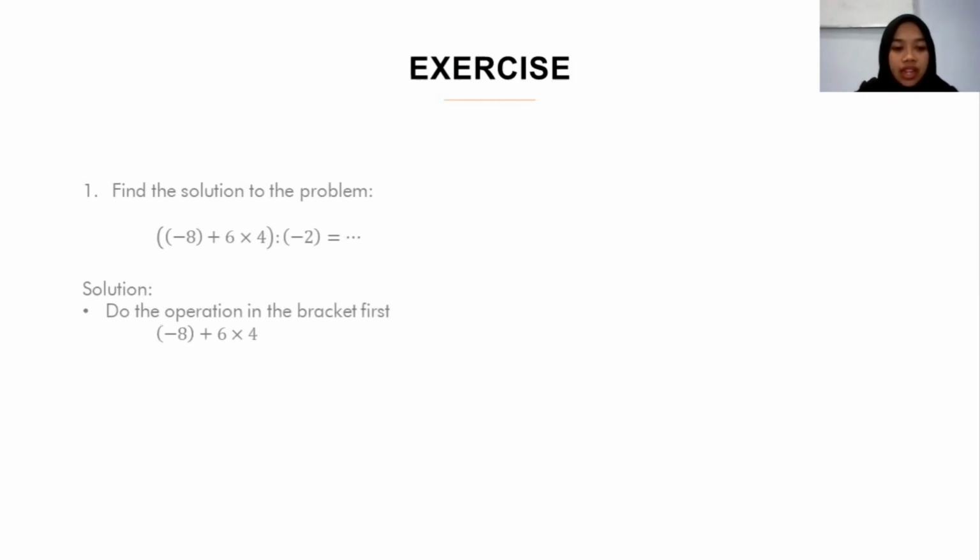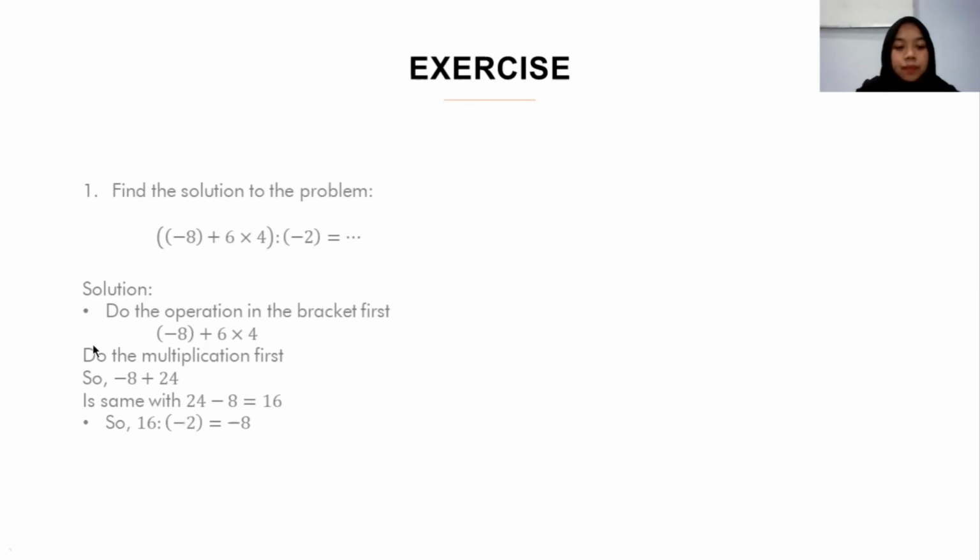If you find an operation like this too, you should do the multiplication first. So it would be minus 8 plus 24, where 24 is from 6 times 4 here. And then that is the same as 24 minus 8. 24 minus 8 equals 16.